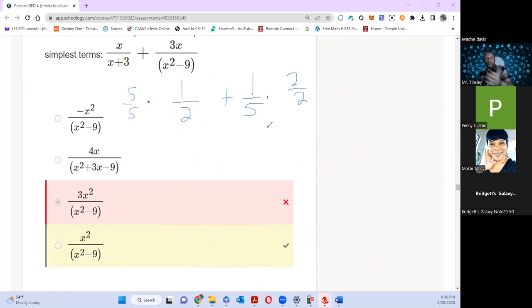Because the least common multiple is 10. So then I have 5 over 10 plus 2 over 10. Now that I have a common denominator, 5 plus 2 is 7. But the only difference is we didn't actually use numbers. We used expressions. So let's look at it again.